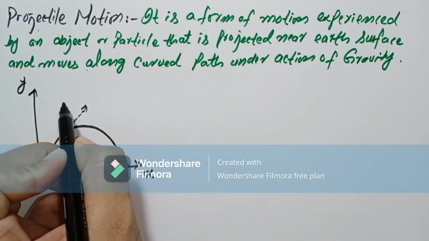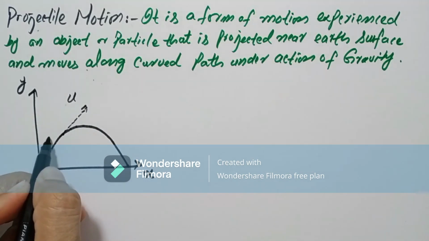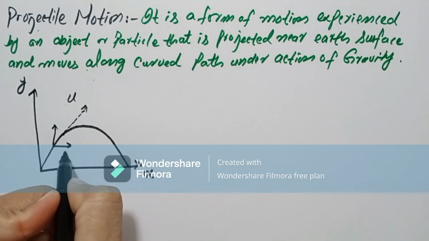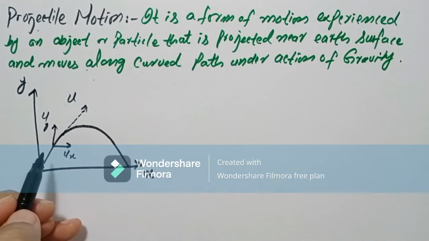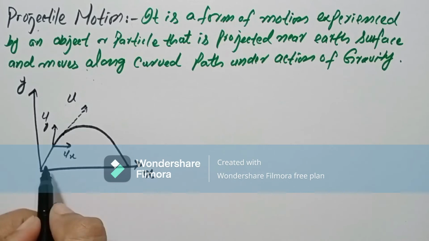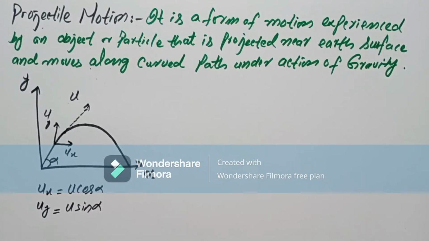At a certain instant of time, let's say its velocity is u. We can find the velocity components at any point during its motion. Let's say at this point the components of velocity are ux, uy. This component ux will be u cos alpha, uy will be u sin alpha.